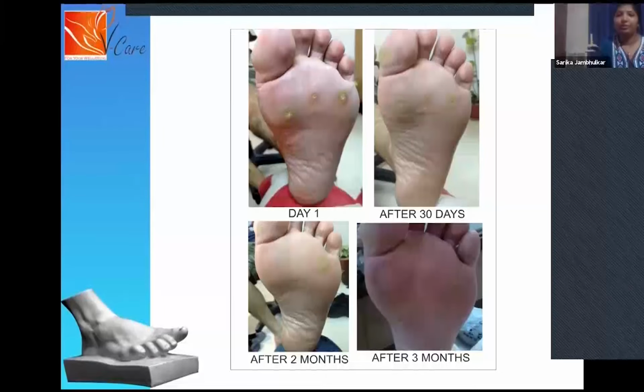So even when we treat those patients by correcting their foot alignment and prescribing corrective insoles, you can get really good results. Okay, so you can compare the pictures of day one, then after a month, after 2 months, after 3 months. I just wanted to include an image to show that even this can be treated.